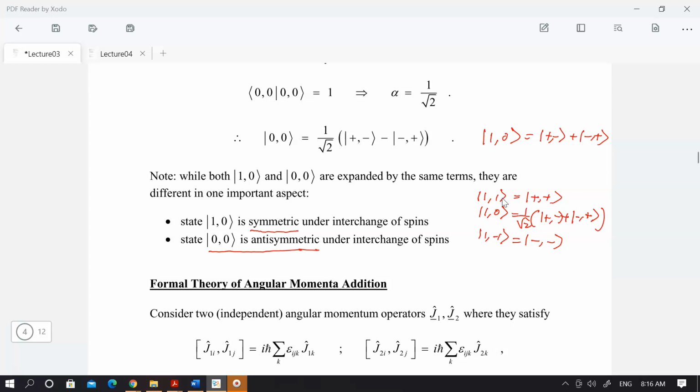Okay, so sometimes these three states of spin 1 are called the spin triplet, and this one is called the spin singlet.